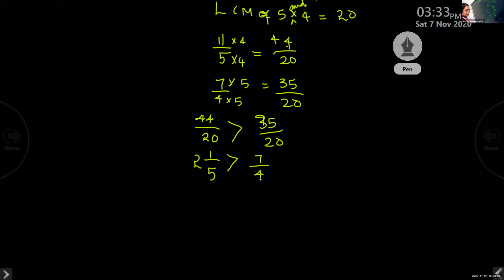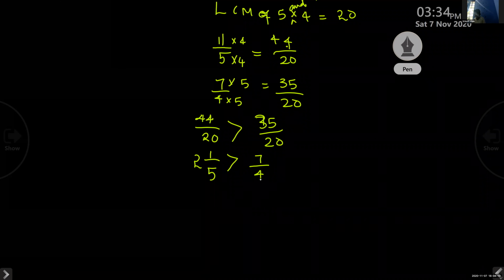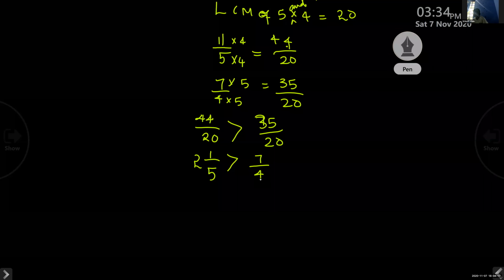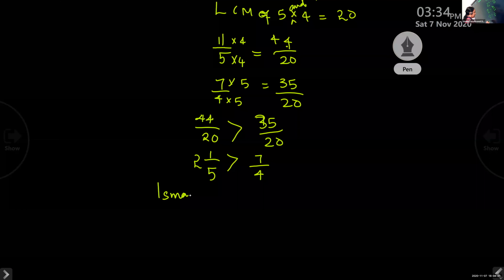So is it correct now? 2 and 1 by 5 is more than 7 by 4. And how much more? Who takes less time? Ismail took less time, not Francis. Francis took more and Ismail took less time.